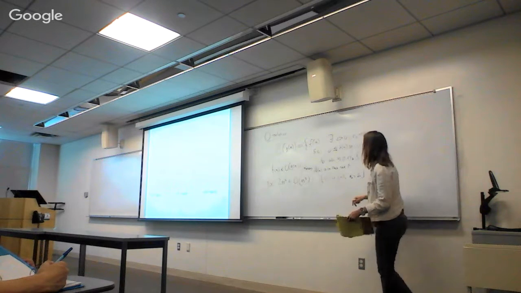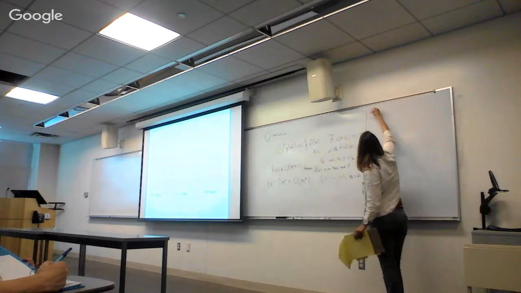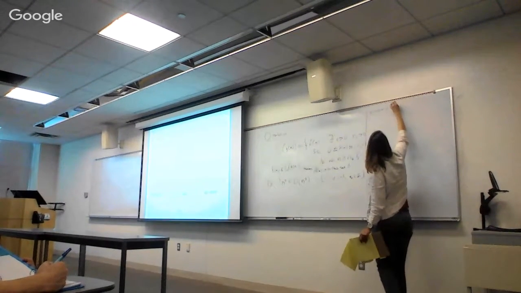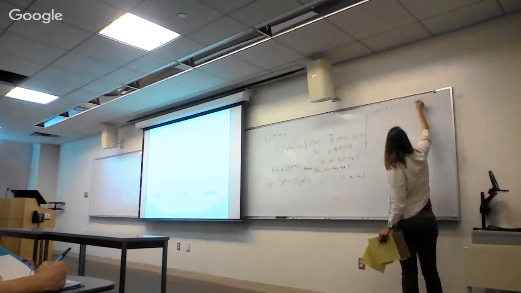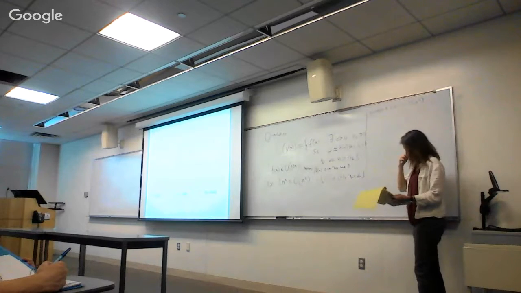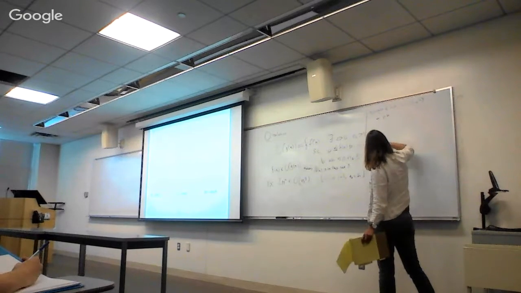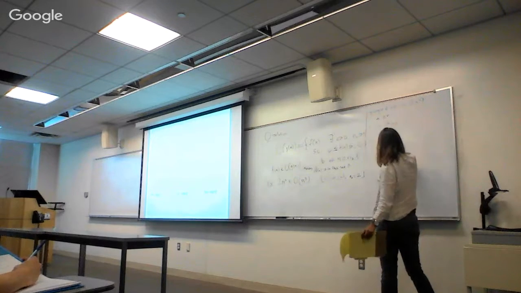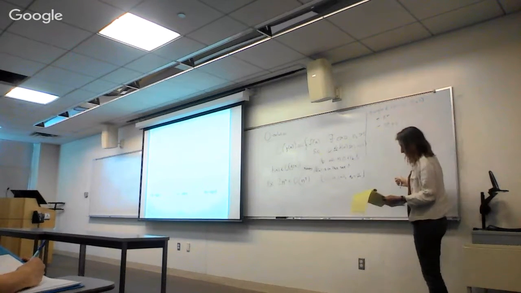Okay, so let me give examples of functions in O(n squared). Certainly n squared is, but if we add smaller polynomials, we're still in O(n squared).